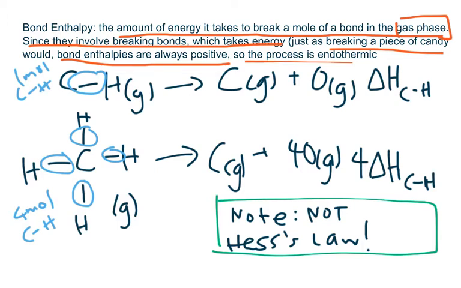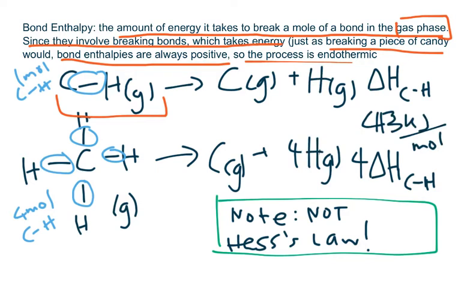As an example, let's take a look at this CH bond in the gas phase. The 1 mole of CH bonds will be broken down into a mole of C and a mole of H. And the change in enthalpy associated with this reaction will be the delta H, or the bond enthalpy, for the carbon-hydrogen single bond.